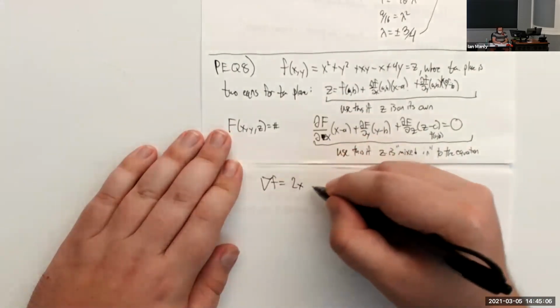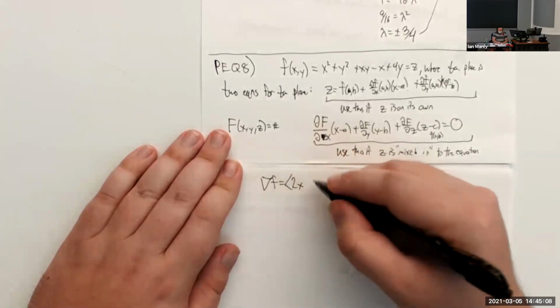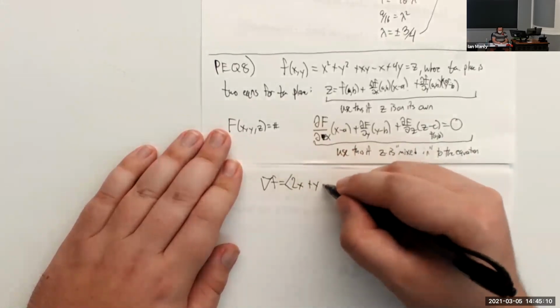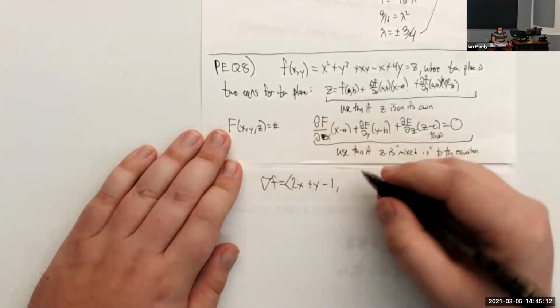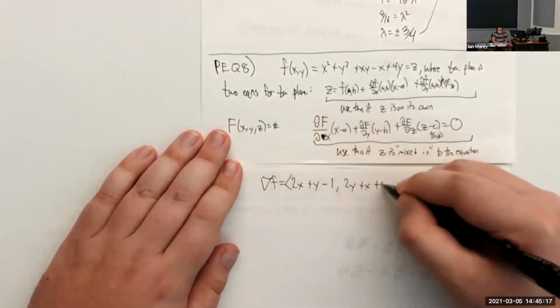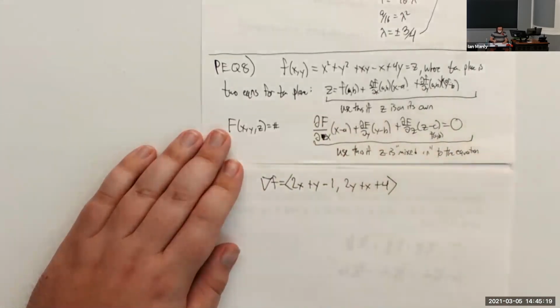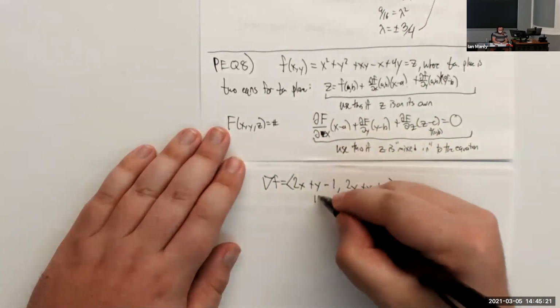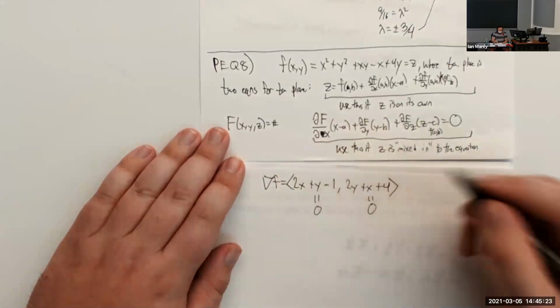All right, so we have 2x plus y minus 1, and then the y derivative is 2y plus x plus 4. We want these to be 0.